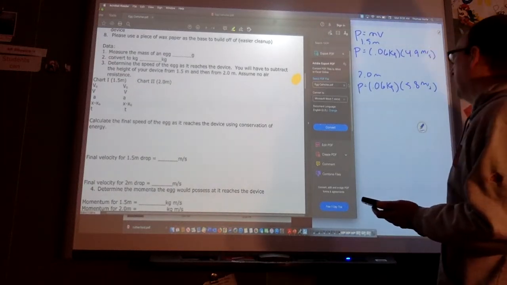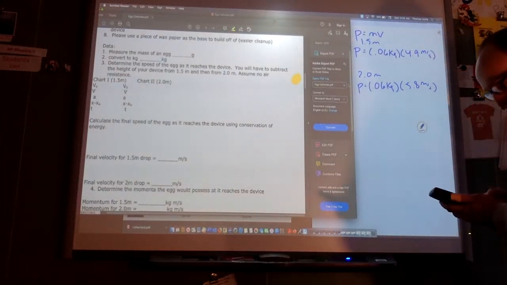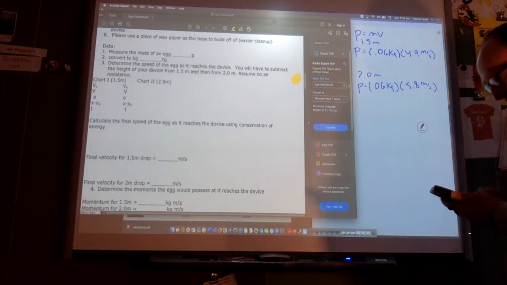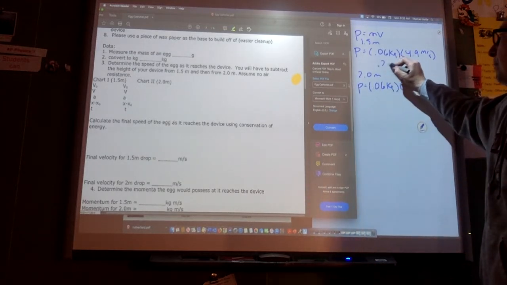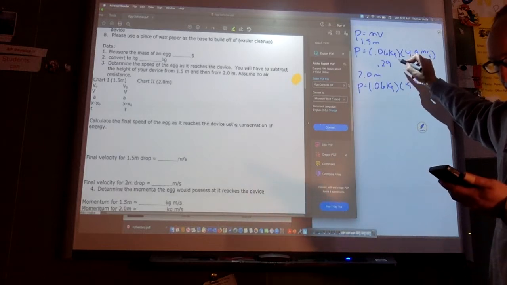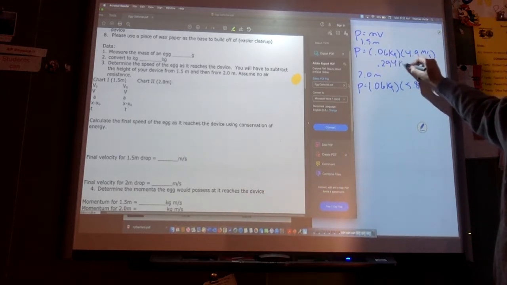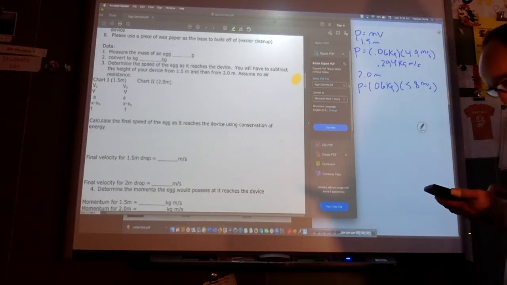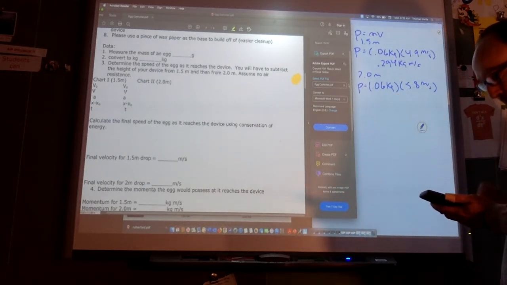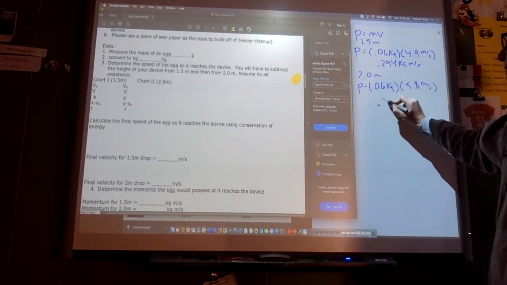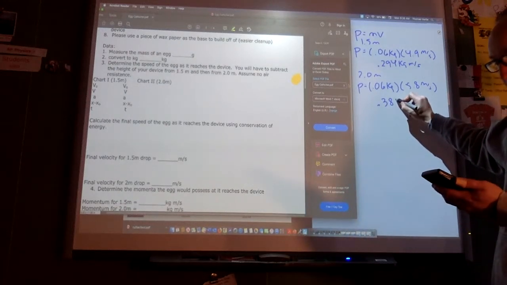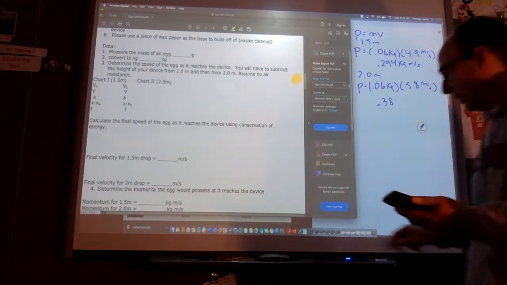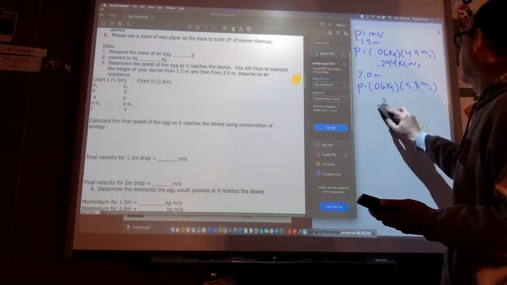The weird thing about momentum is it doesn't have a new unit. So it looks like I have 0.294 kilogram meters per second and 0.348.